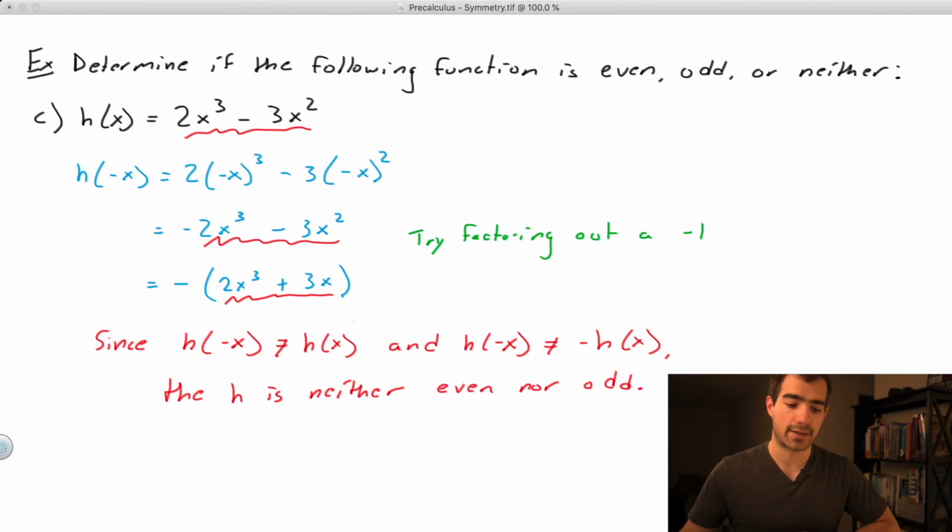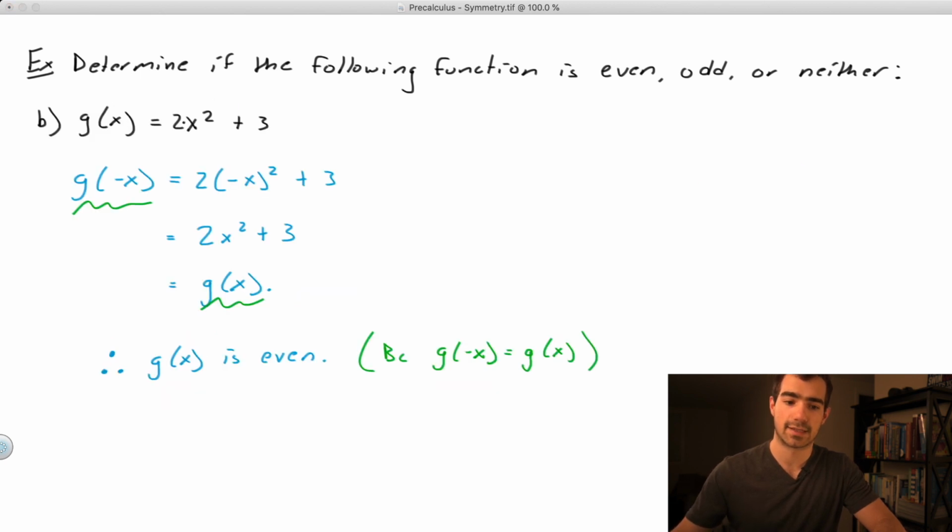Now, I'll give you a little bit of a bonus tip here. If you've been paying really close attention and looking closely at the exponents on these, you'll notice in this case in particular, we have a combination of an odd exponent and an even exponent, and that one worked out to be neither. In the previous example, we just had an even exponent, and though there's no exponent listed here, if we remember the fact that x to the 0 is equal to 1, we can effectively say that there is an implicit x to the 0 here, 0 also being an even number.